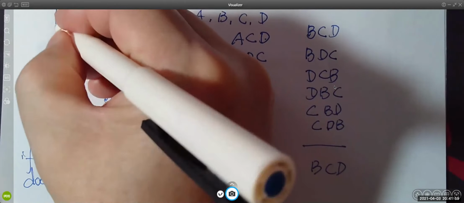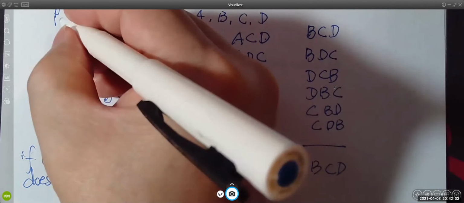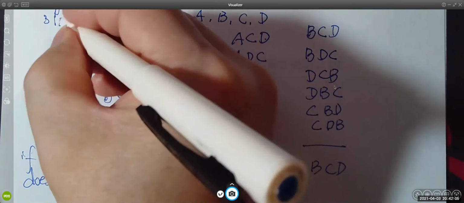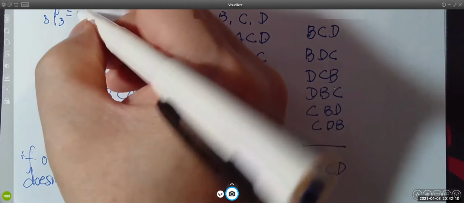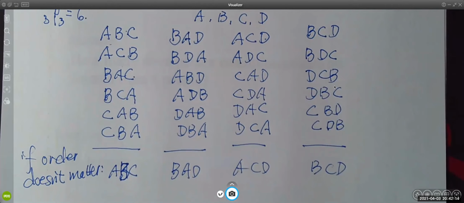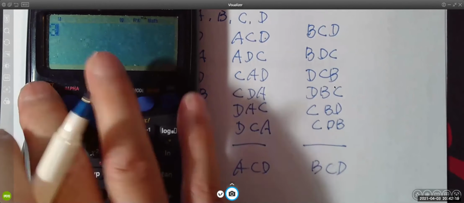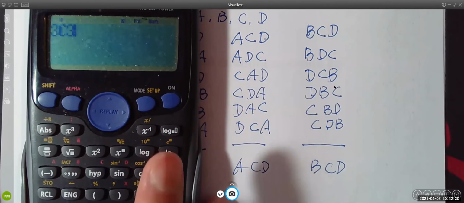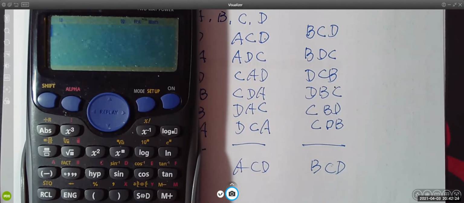Because order matters, we arrange the selected 3 letters. That's 3 out of 3. We select 3 out of 3 to arrange them. If we do the calculation, this is 6. Select 3 out of 3. Now this is C. Let's redo that. Should be P, 3.